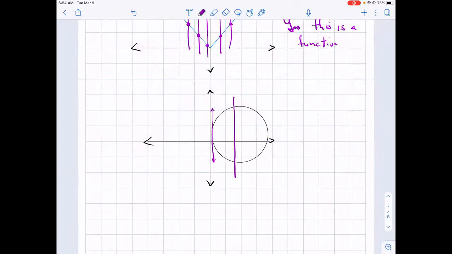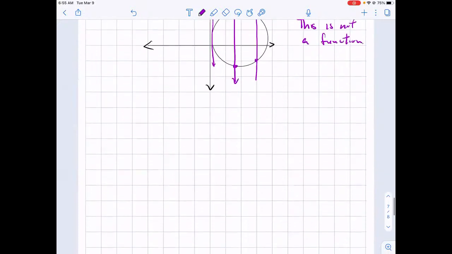But anywhere else, it touches twice. So no, this is not a function. So we can keep doing this, and you just draw and see which ones are functions or not.